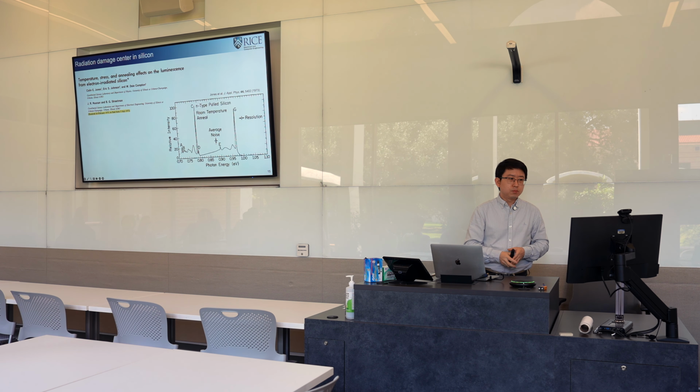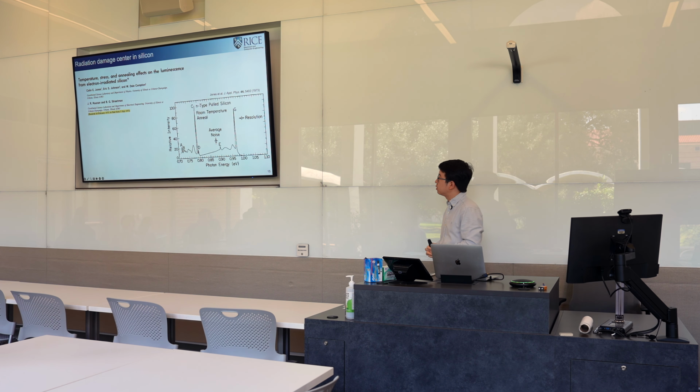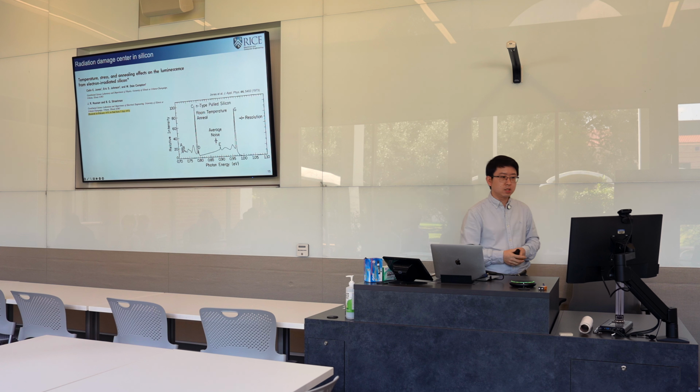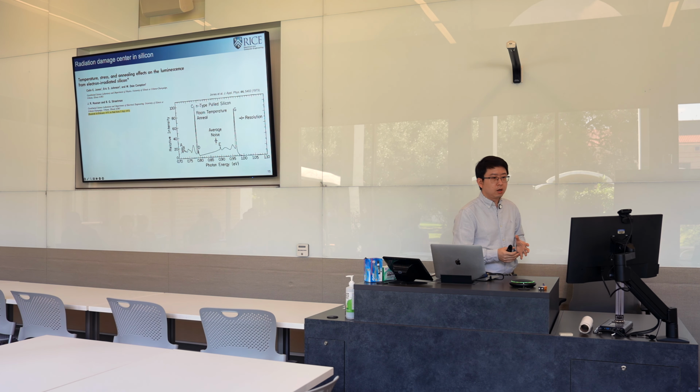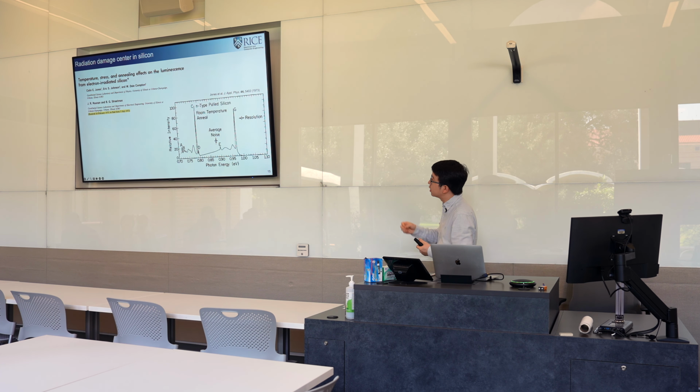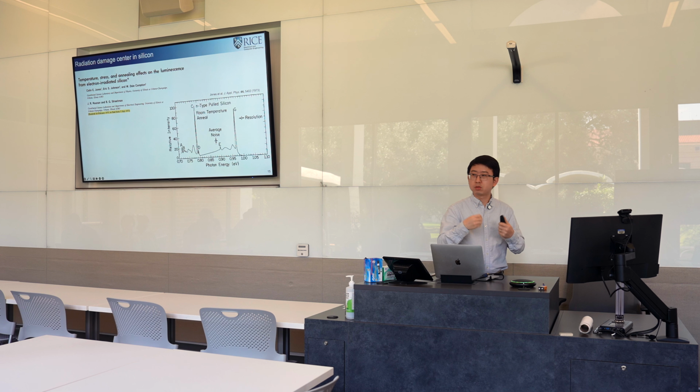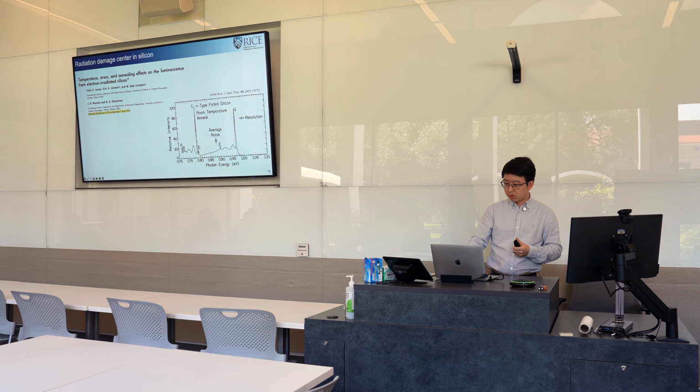And color centers in silicon are actually not a new topic. Here I'm showing you a review paper written in 1973, where people already started to see these sharp emission lines below the silicon band gap, okay? At that time, people called these radiation damage centers because they typically show up when you shine, for example, an electron beam or proton beam or neutron beam on your silicon material.